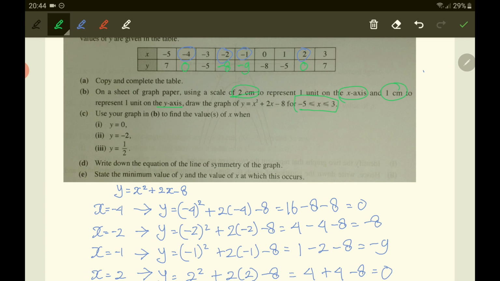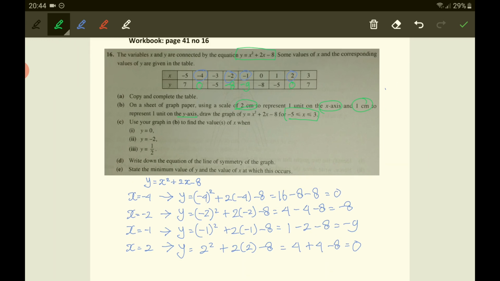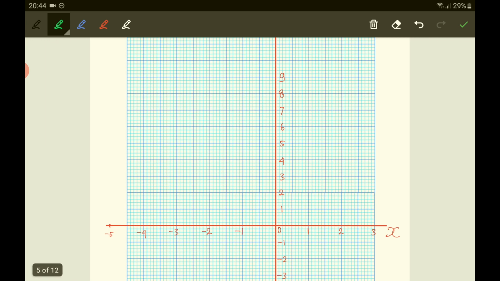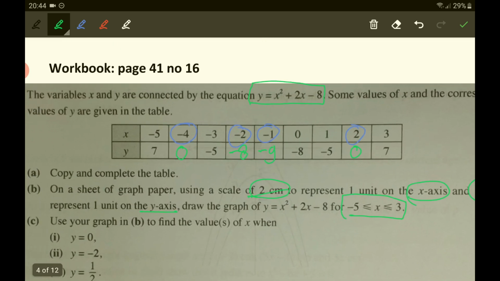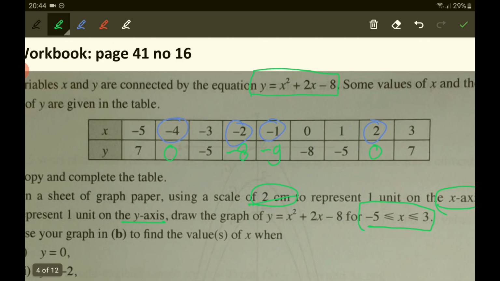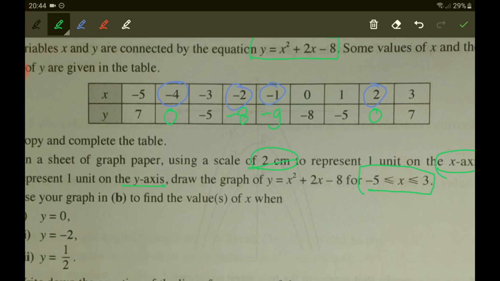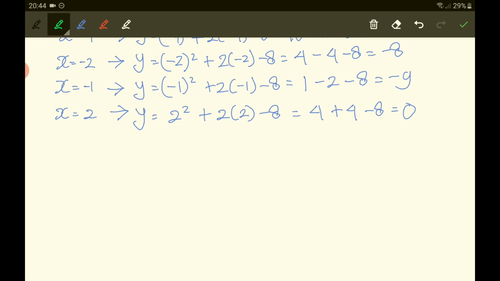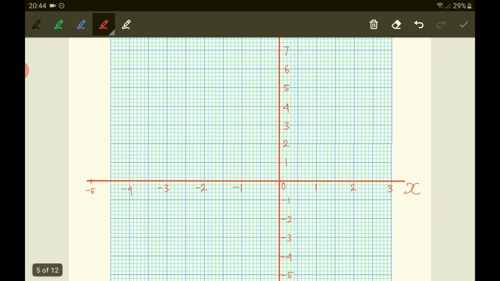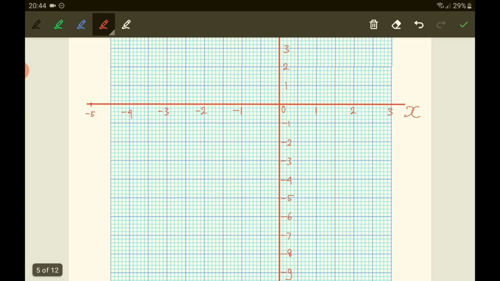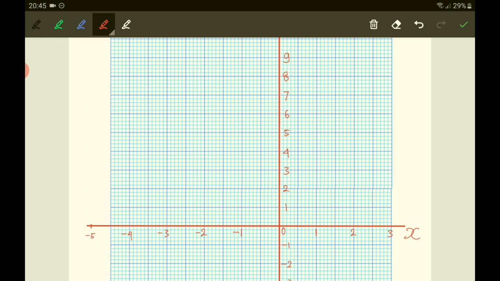I already prepared the Cartesian diagram, so we just need to plot the points. Let's see what coordinates we get. The first one is minus 5, 7. We try to find the point minus 5, 7.